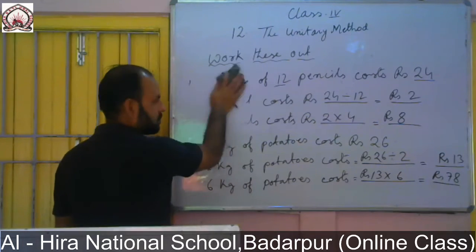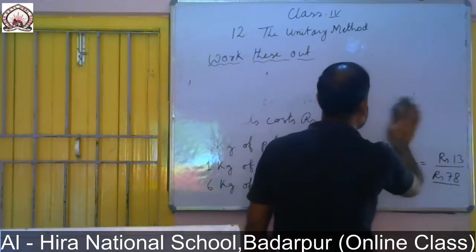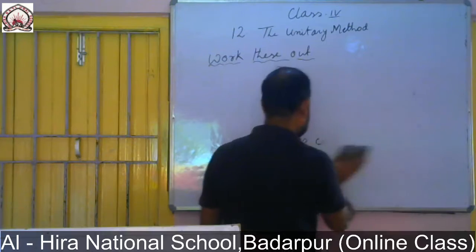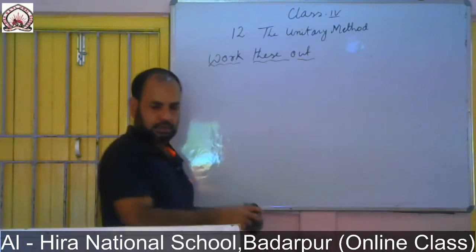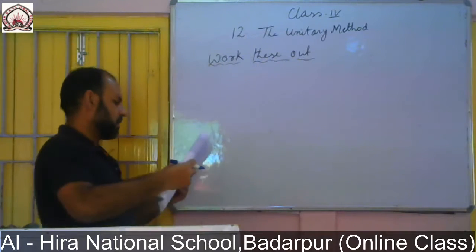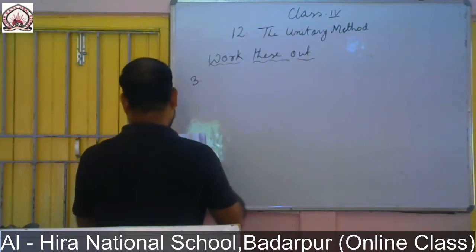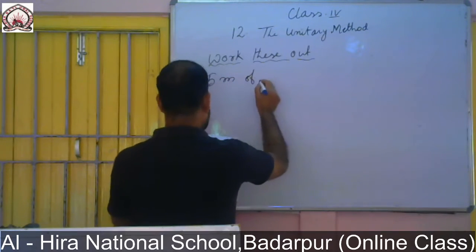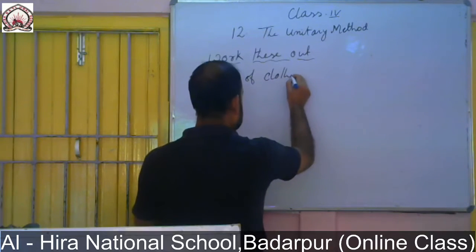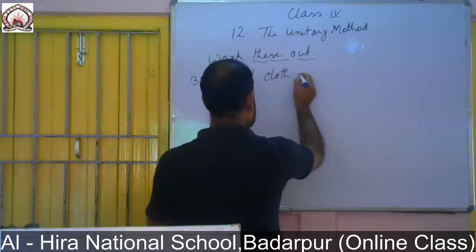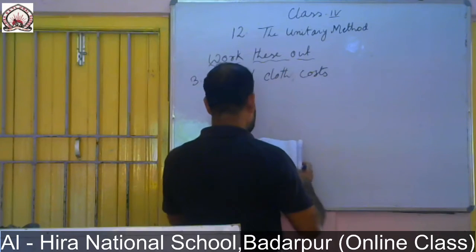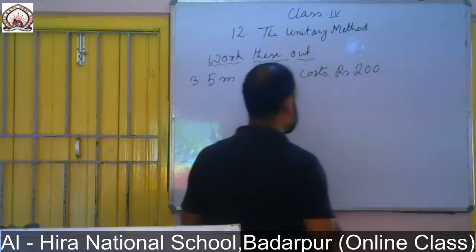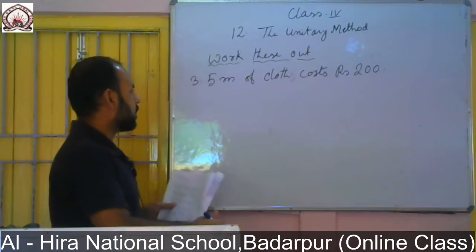Next, question number 3. 5 meters of cloth cost rupees 200.